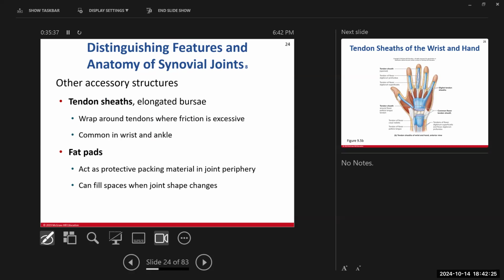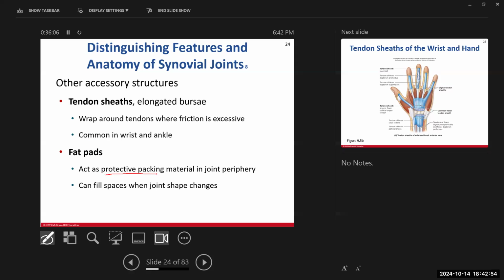So one of the purposes, I'm going to talk about fat pads first, and I'll come to tendon sheaths. One of the purposes of fat, we talked about the functions of fat: energy storage, cushioning, and insulation. Well, in this case, our fat pads are going to act as cushioning. So they will act as that protective packing in and around joints, so things aren't banging into certain tissues there.